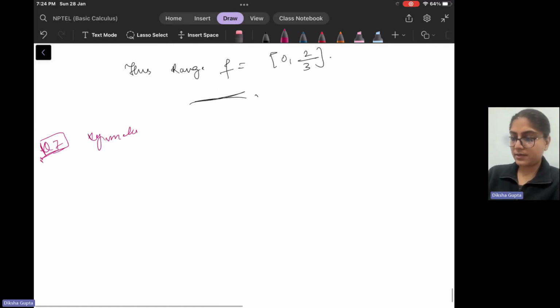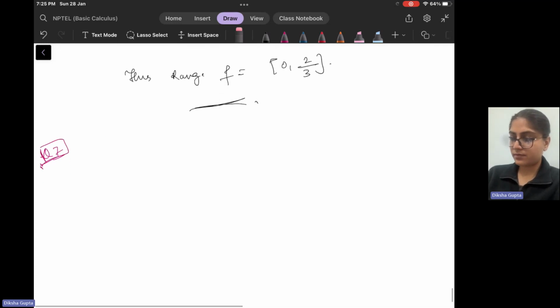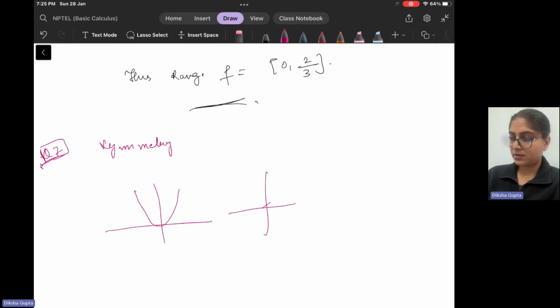So how do we check the symmetry of functions? Just to give you the visualization, consider an example. This function is symmetric about the y-axis, meaning for any point x positive and any point minus x, they take the same value.